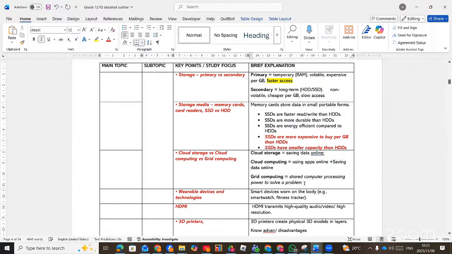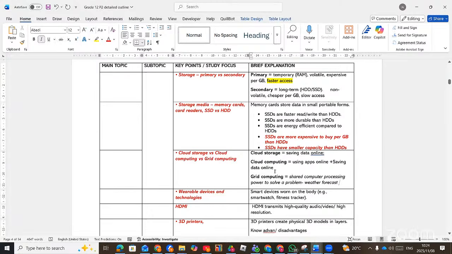And grid computing, they normally use it for weather forecasts, and for those businesses that need high processing power. So they try as much as possible to have different workstations somewhere, and then they share these processing powers in order to solve a single problem. And that is grid computing.